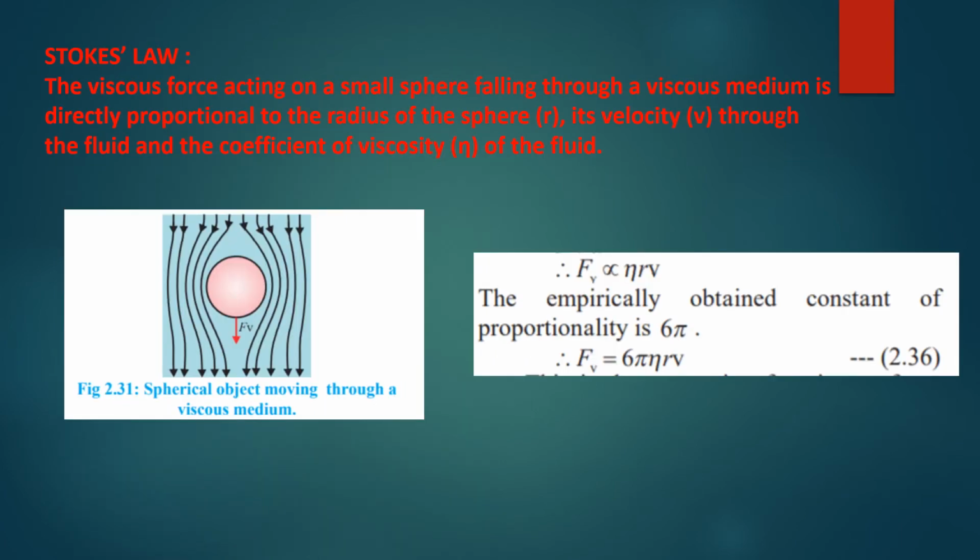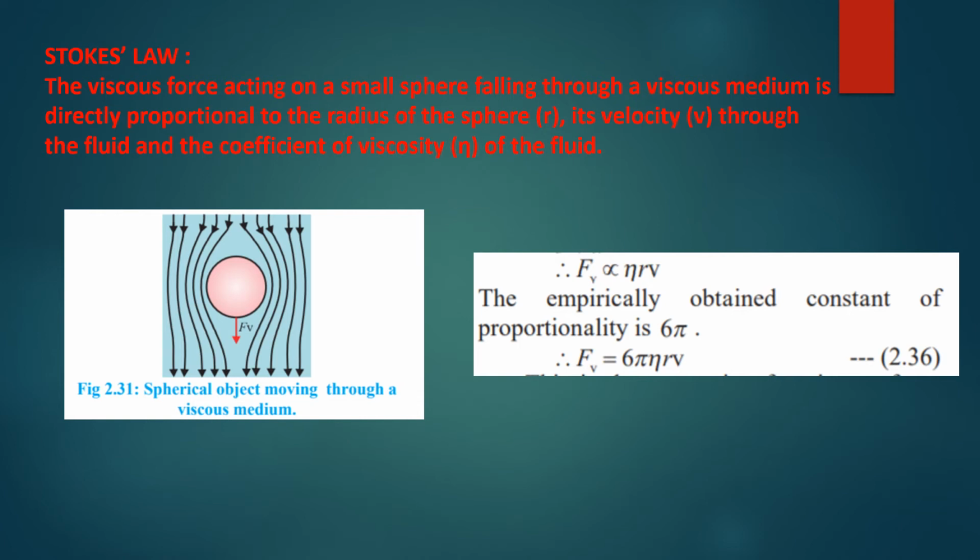While Newton's law of viscosity deals with opposition offered for relative motion between two fluid layers, Stokes' law deals with opposition offered for relative motion of a spherical object in a viscous medium.